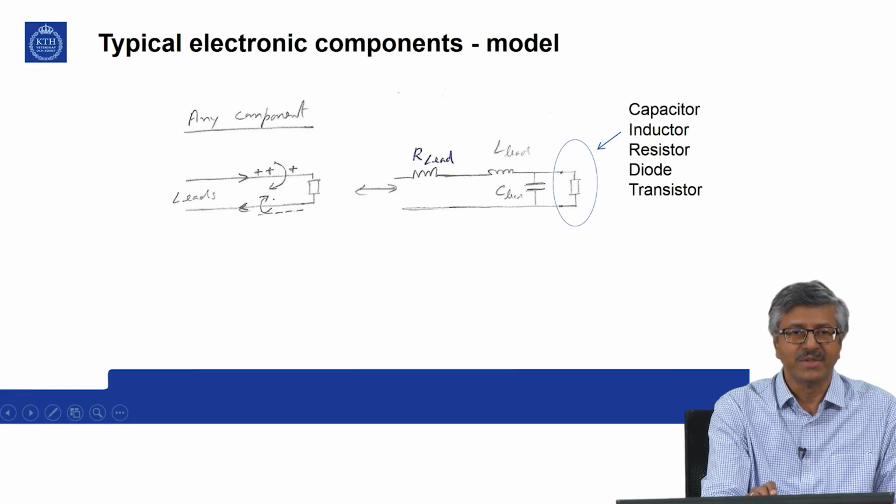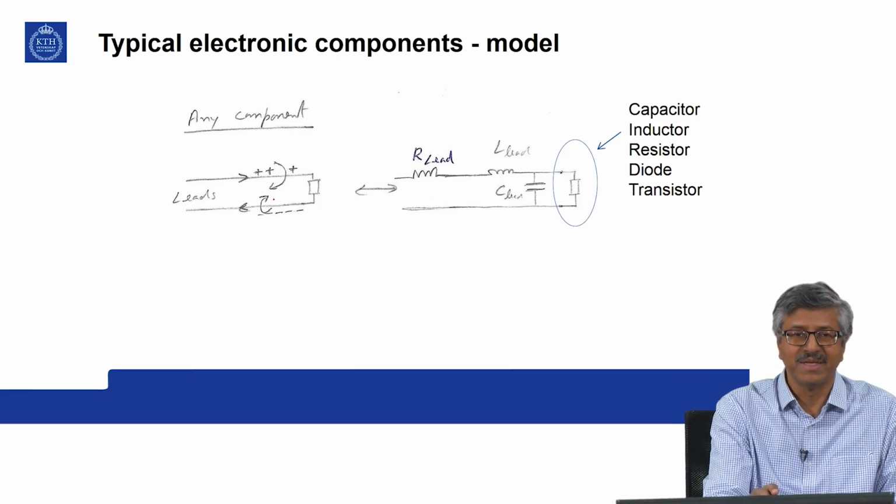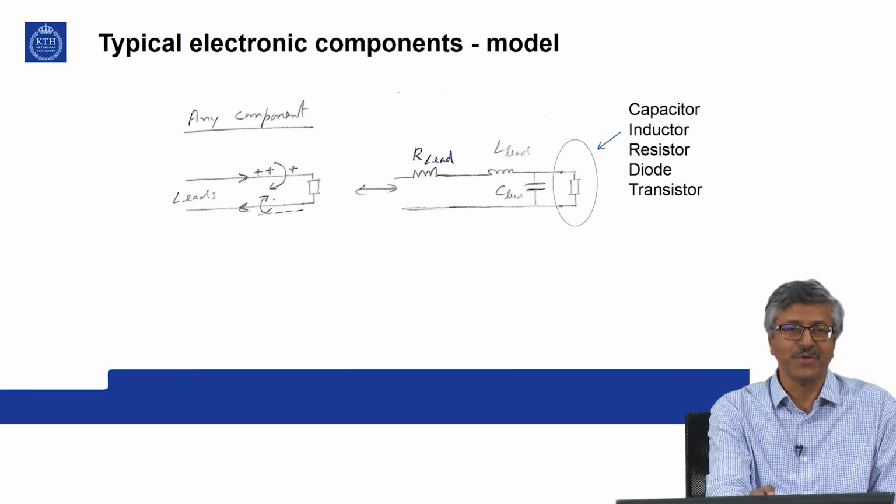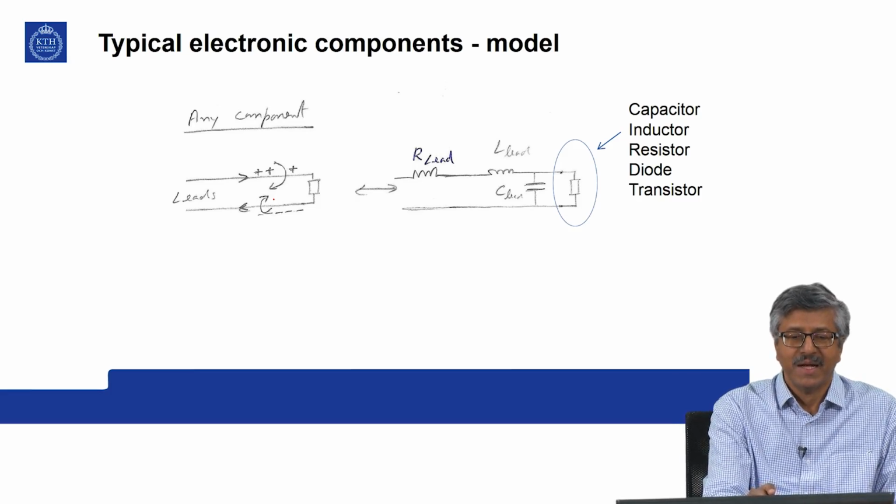So, you can think of some parasitic capacitance and parasitic inductance associated with it. Parasitic means that like a parasite, it is not supposed to be there, but of course it is there. It is kind of unwanted, like a weed.